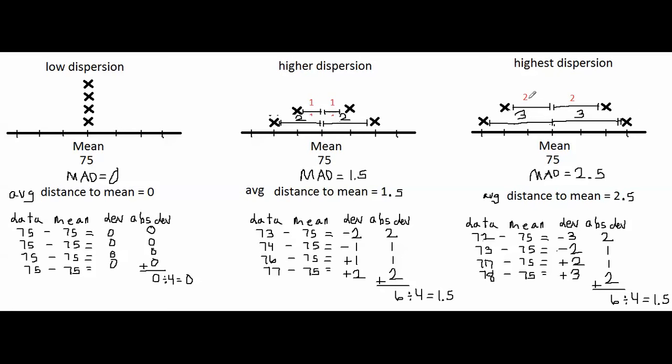So these two values have negative signs. These two don't have negative signs. In order to make them absolute deviations like they are here, you have to take off those negative signs. This becomes 3. This becomes 2. These two stay the same. And now we have our absolute deviations that we had up here all along.